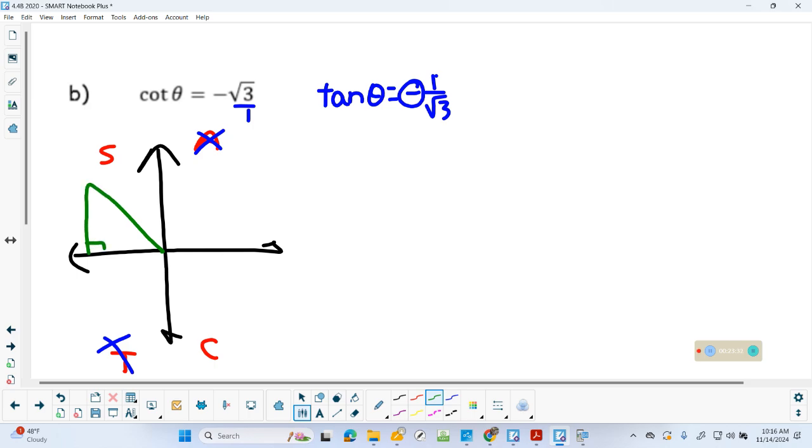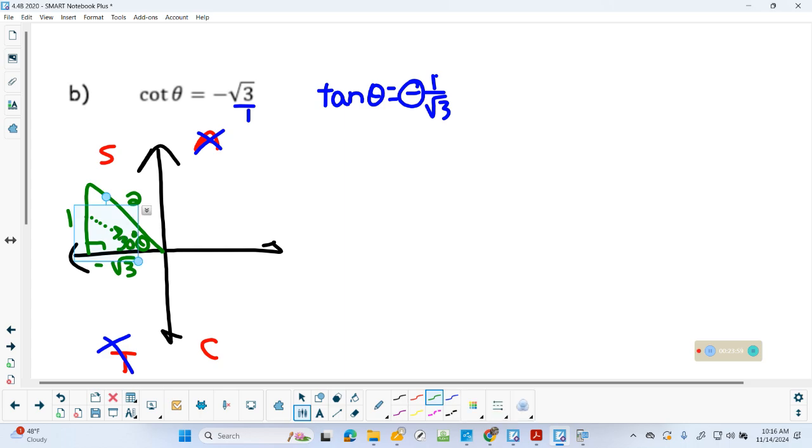Now, of course, tangent, opposite, adjacent. Now, due to the location, the root 3 would have the negative. What's your hypotenuse, for the love of math? 2. And more importantly, we already said around the 30, 60, 90. We already knew that. More importantly, what angle is across from 1? 30. So I'm sneaking in a 30.